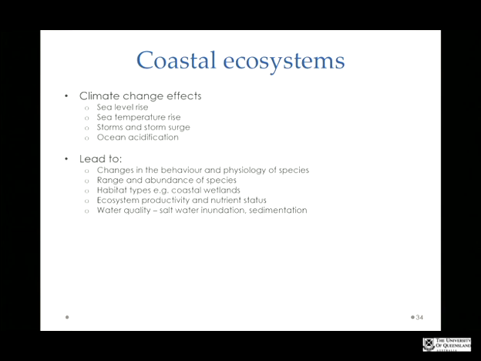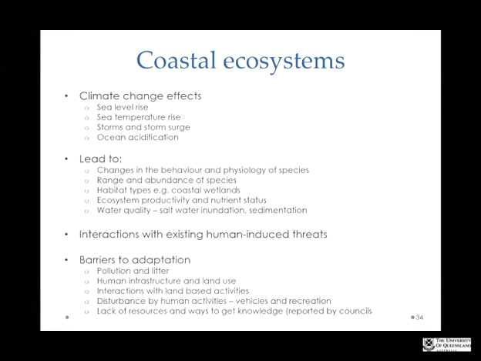Again, there are interactions with human threats, particularly in coastal ecosystems where the majority of people live and use resources and things like that. And so some of the barriers are things like pollution and litter, because obviously our litter from the land goes straight to the coast first, and then it might get washed into the ocean and litter out there as well, but mainly coastal to start with.